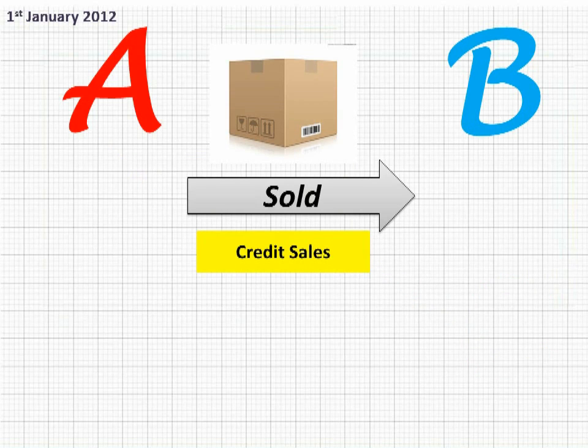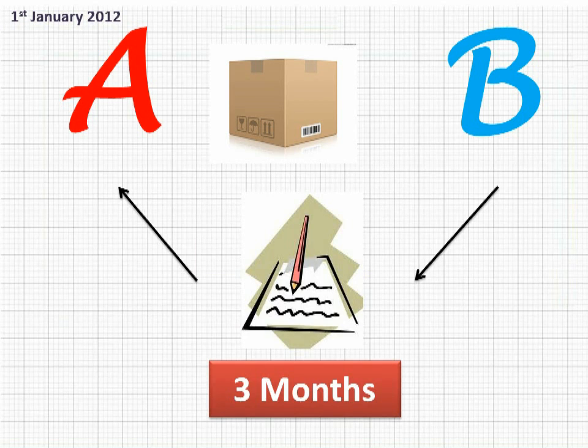Situation number 4. On 1st of January 2012, A sells goods to B on credit basis, and A draws a bill for 3 months for ₹1,000 on B. On 1st February 2012, I mean to say after 1 month of the bill, A needs money.